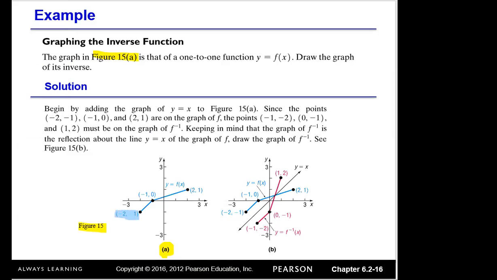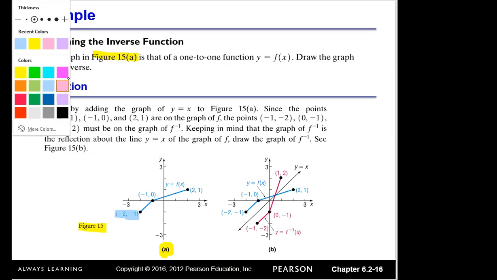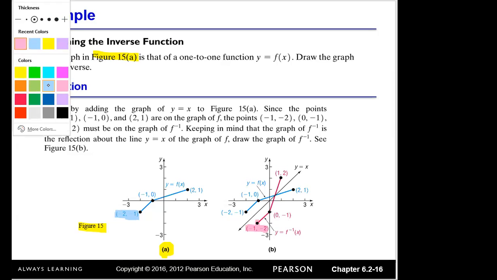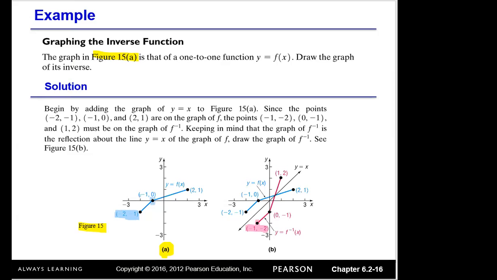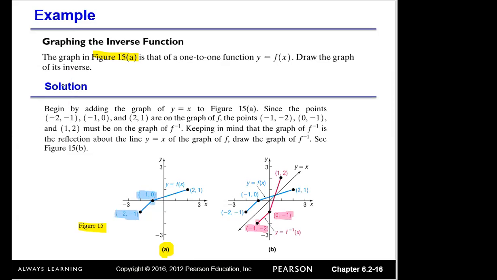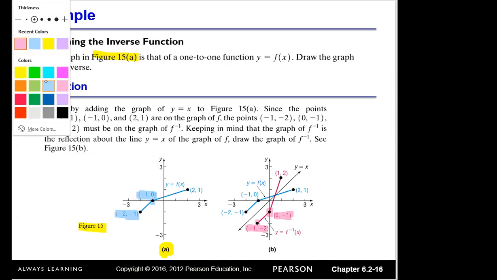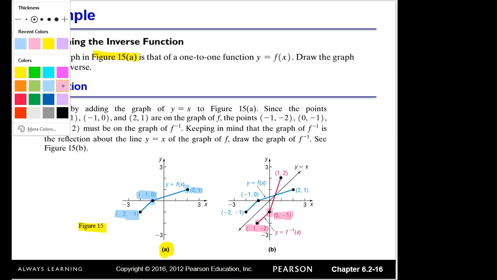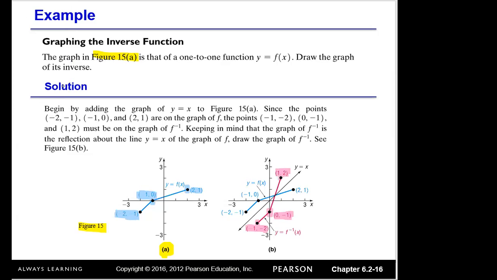I would switch it, and its ordered pair would be -1, -2. And I'd plot that point right there. Then you'd go to this point right here, which is -1, 0. Reverse the ordered pair to 0, -1, and that would be plotted right here. And then they only gave me one more point to work with, and that was this point, which is at 2, 1. And I would switch it to 1, 2, and when you plot 1, 2, it would be right there.